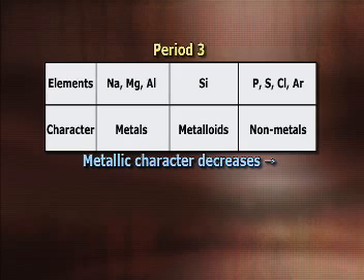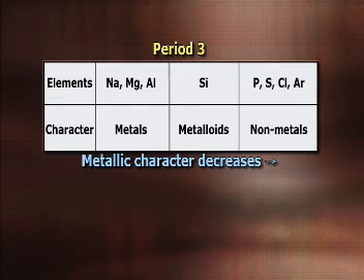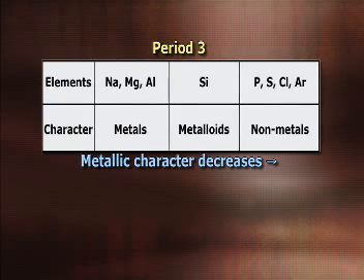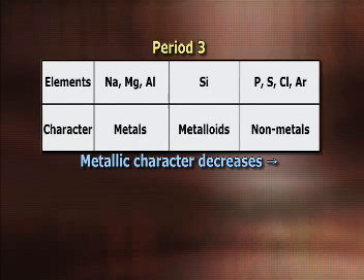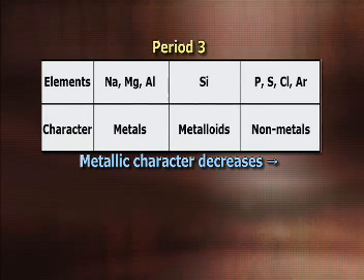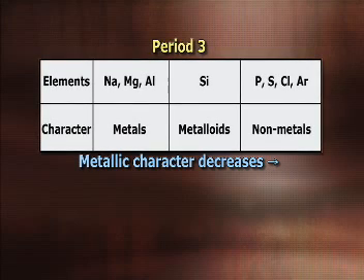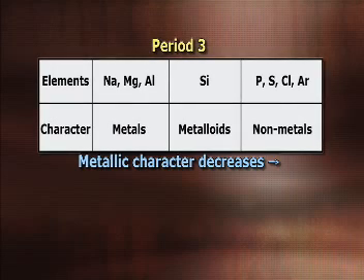And the only metalloid in this period is silicon. Phosphorus has the most metallic character of the nonmetals in this period, down through sulfur, chlorine, and then argon. Argon has the least metallic character of any period 3 element.